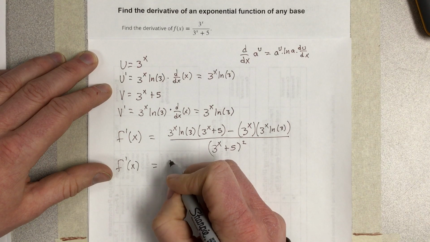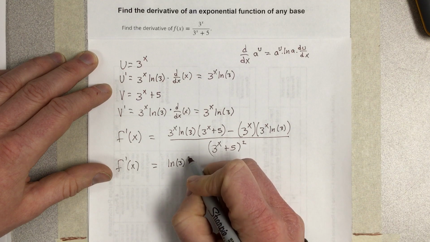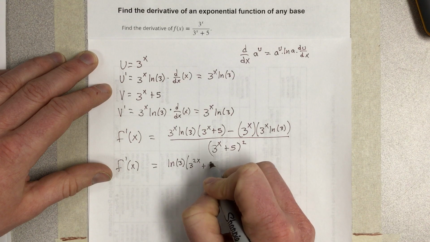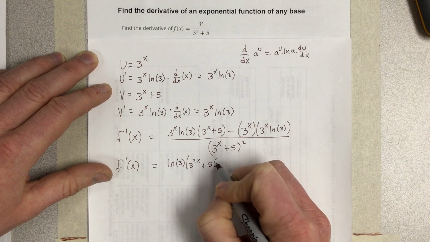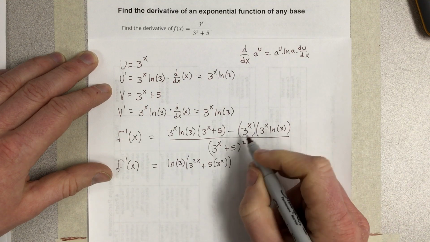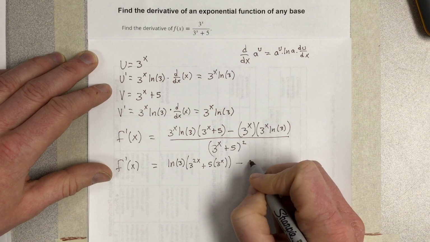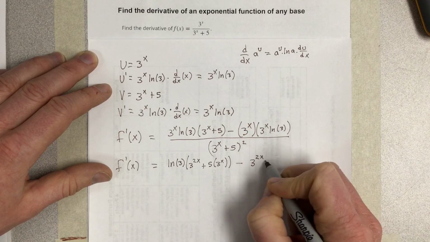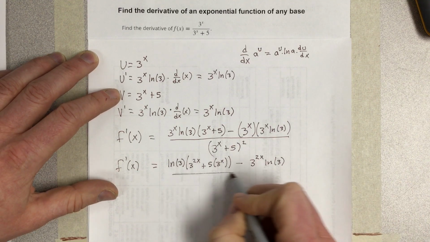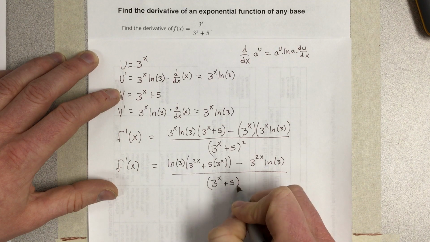So we end up with natural log 3 times 3 to the 2x plus 5 times 3 to the x. And then if we do the same thing here, we get minus 3 to the 2x natural log of 3. And that's all divided by 3 to the x plus 5 squared.